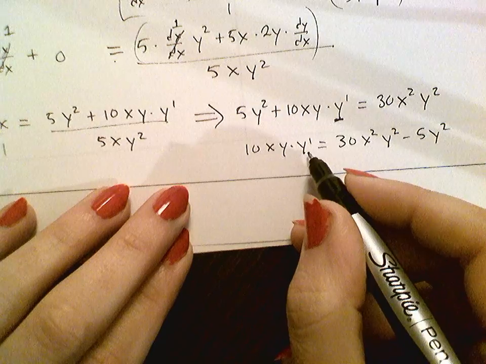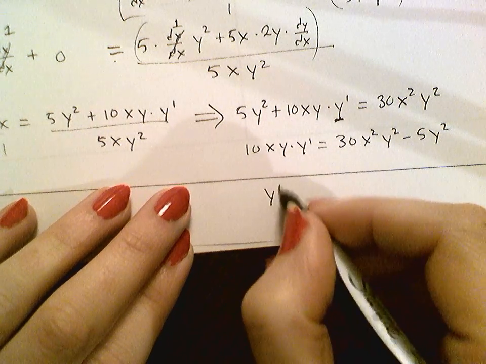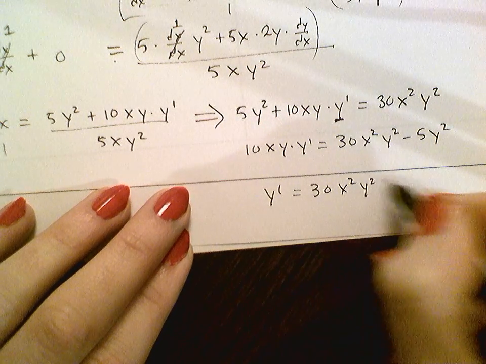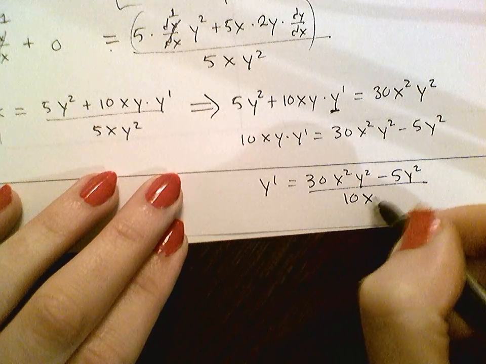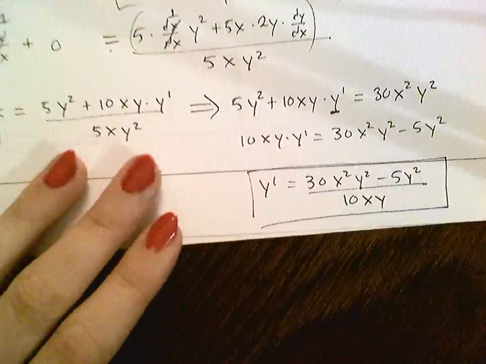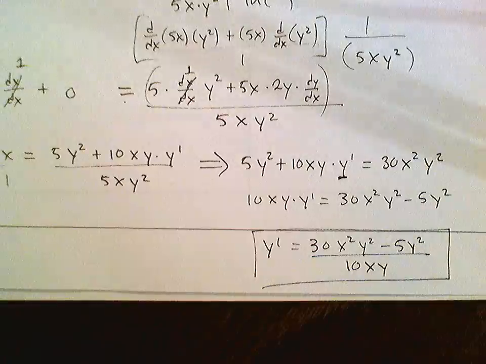And then I end up with y prime. Okay, so y prime equals 30x squared y squared minus 5y squared all over 10xy. And I know they asked us to find dy dx, but y prime is the same thing.